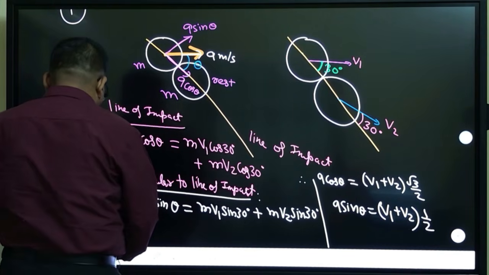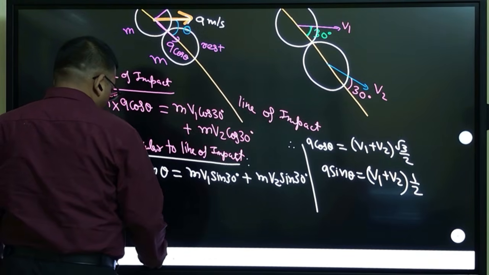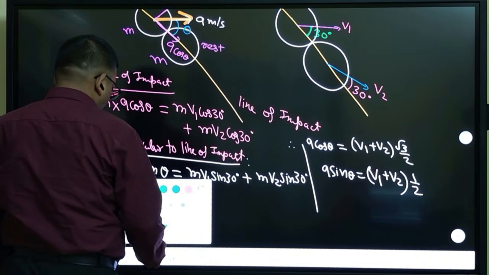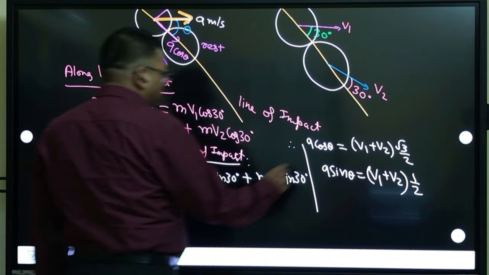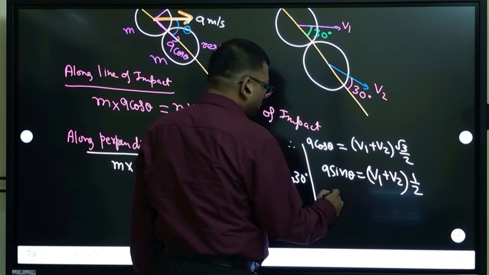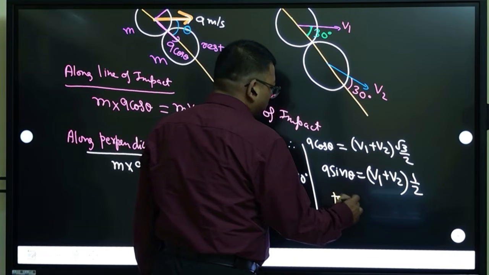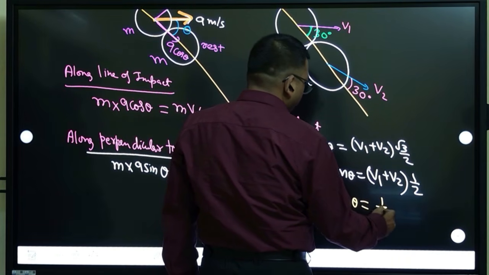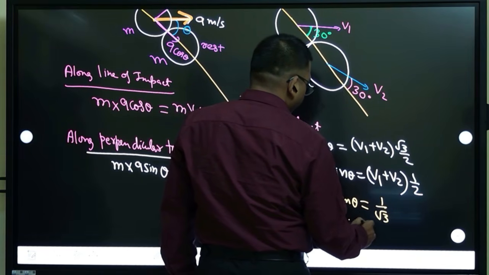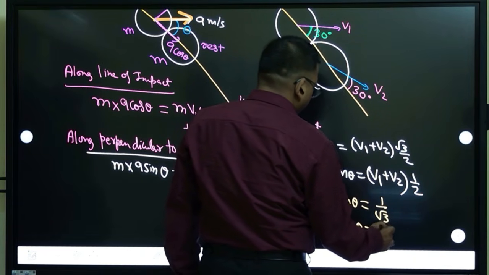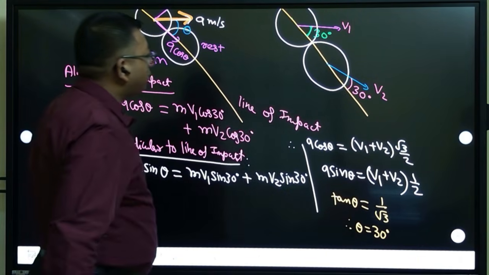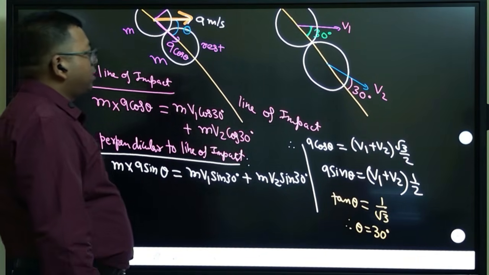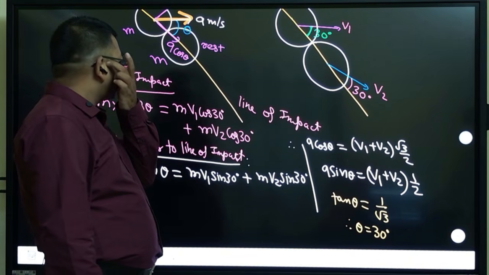Suppose we go by that approach, I take this ratio, so sin by cos will become tan theta, and the V1 plus V2 gets cancelled, 1 by 2, 1 by 2, 1 by root 3. That means theta becomes 30 degree. Okay, suppose we solve theta, after that, how can we solve it?